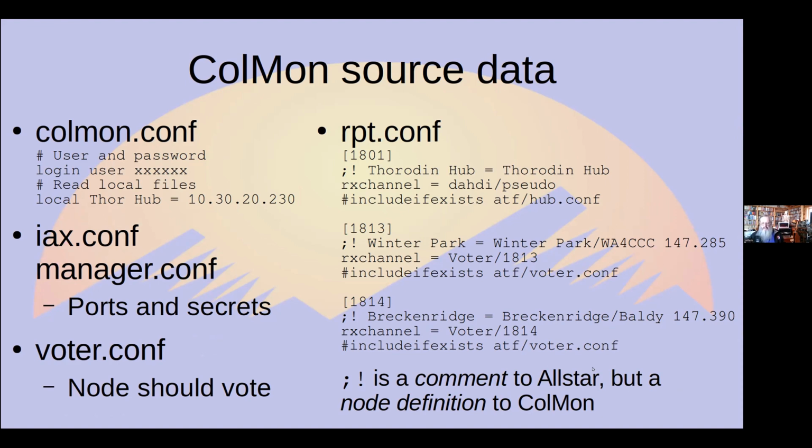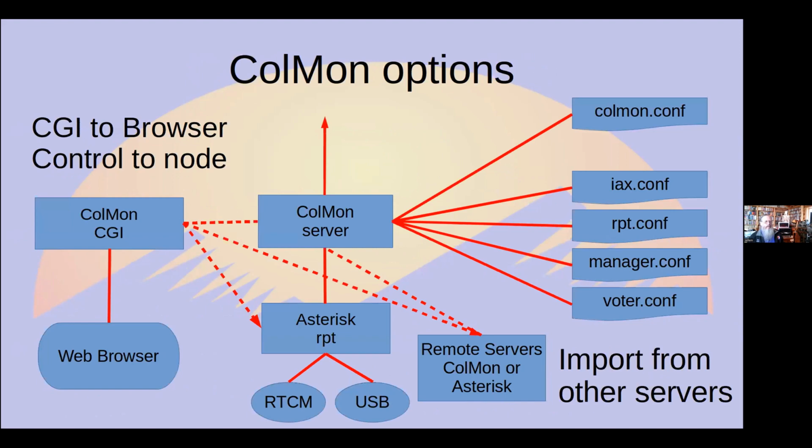Why this works is that the semicolon line is treated by Asterisk as just another comment. However, in the case of CallMon, it will recognize the semicolon exclamation combination and then say, oh, this is something that I need to pay attention to, in particular, what the text definition of that particular node is.